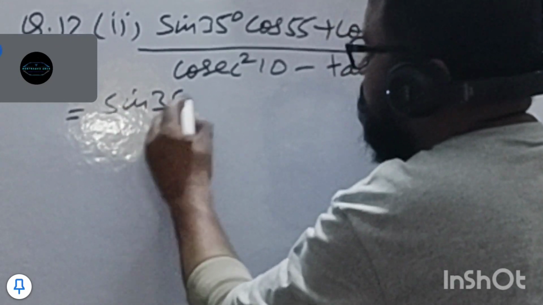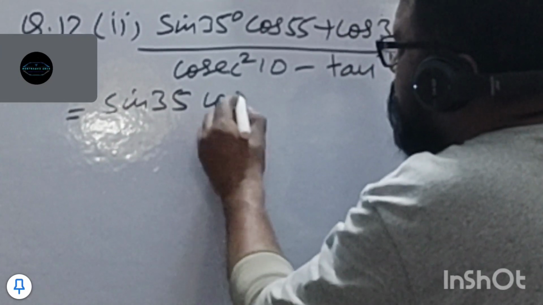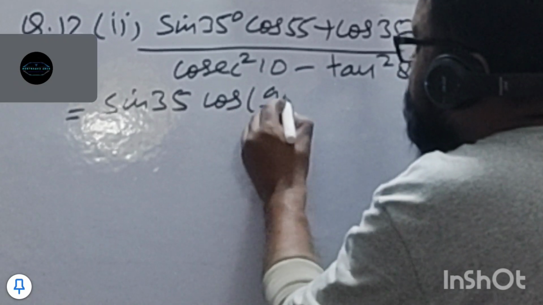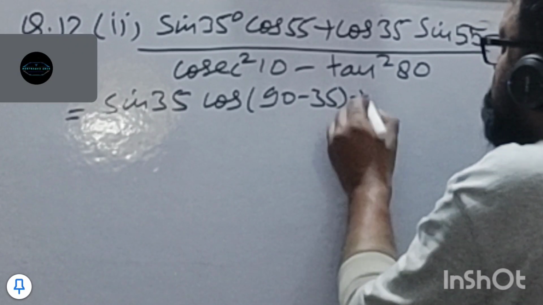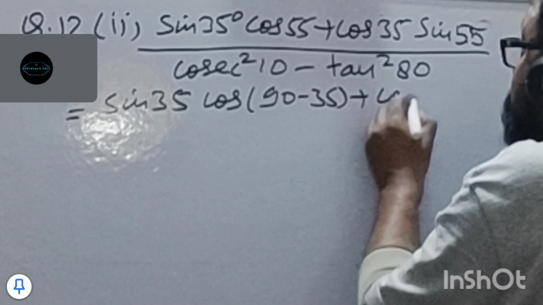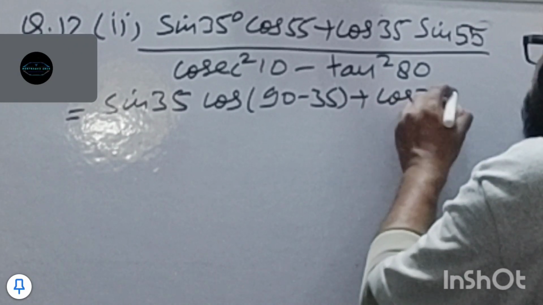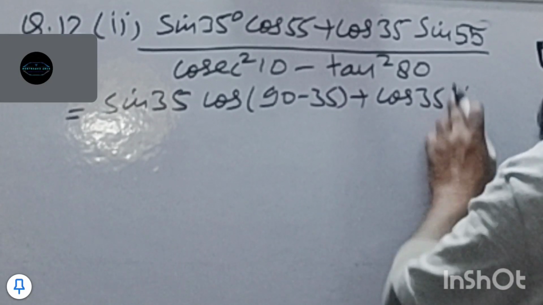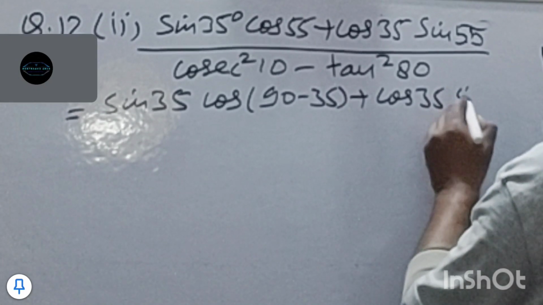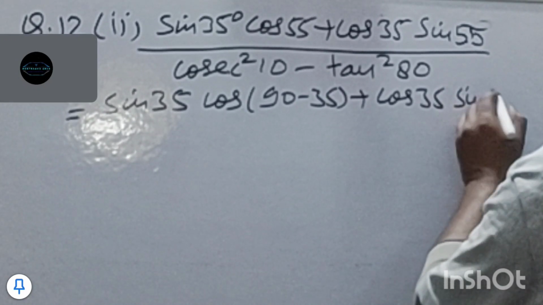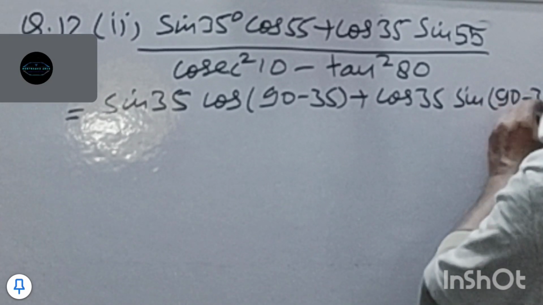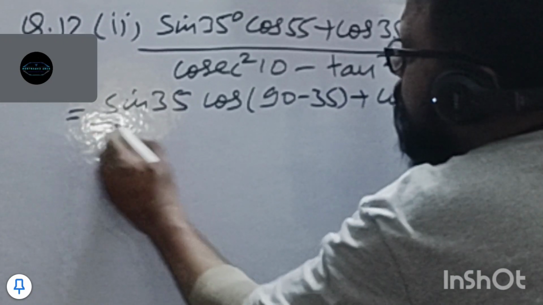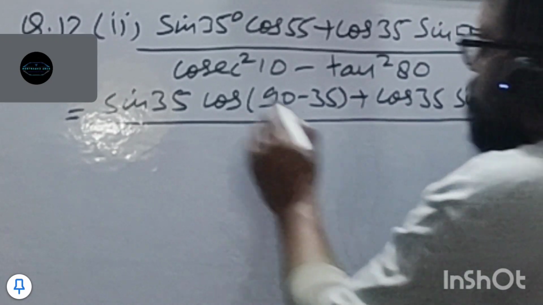sin 35° into cos(90 minus 35), plus cos 35 into sin(90 minus 35°), and then we solve it.